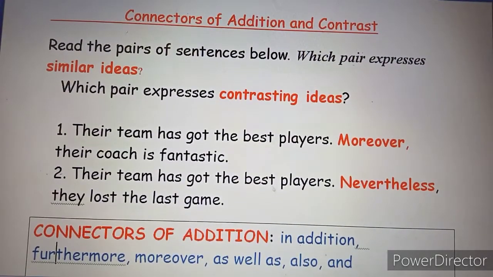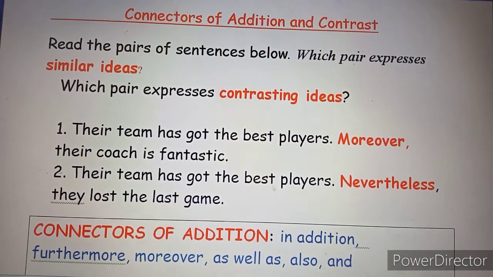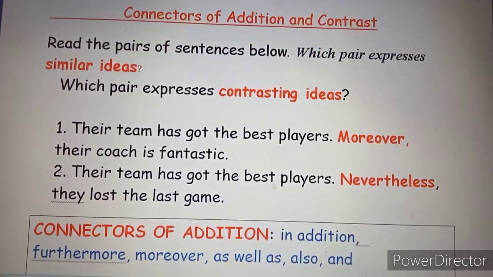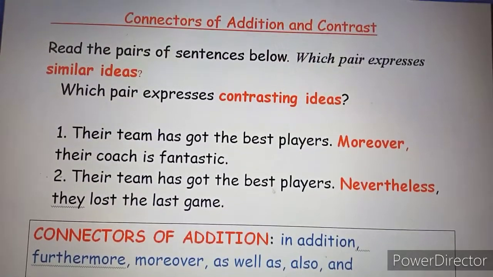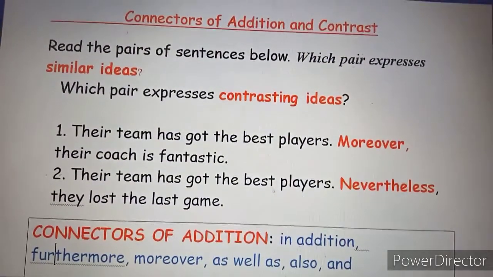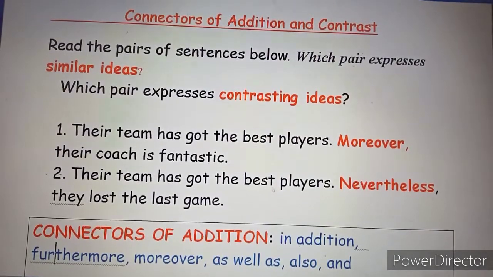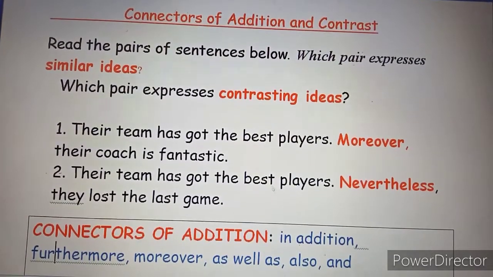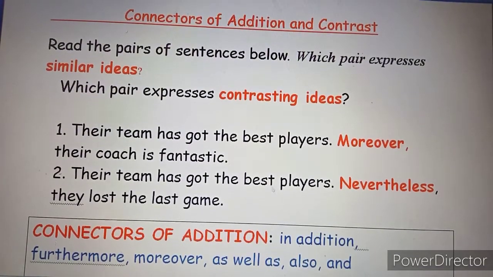So when we talk about similar ideas, here we can put addition or the connector of addition, and when we have contrasting ideas we will put the connector of contrast. So let's study the first example.